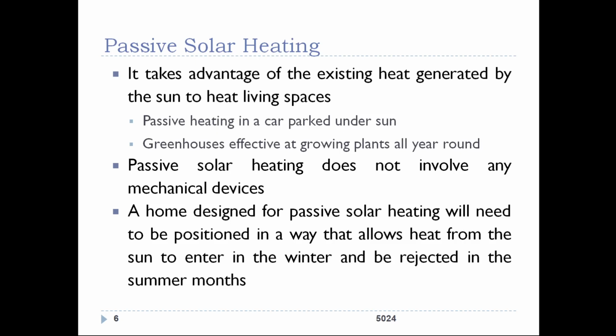Another example is greenhouses, effective at growing plants all year round in the polar regions. Passive solar heating does not involve, underline that, any mechanical devices. Naturally, either by conduction, convection or radiation, the heat transfer is happening.